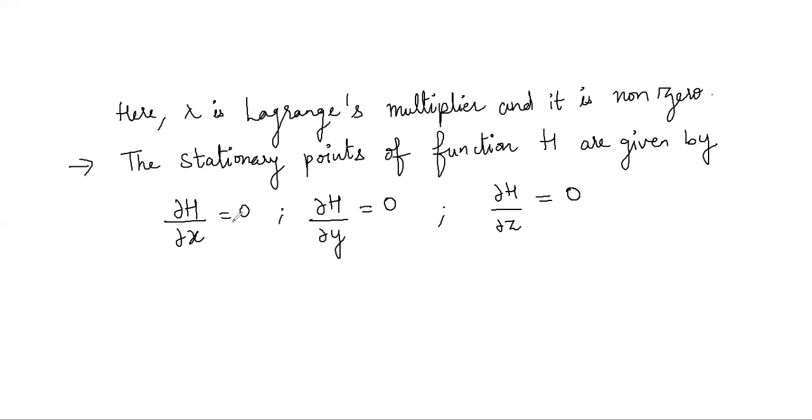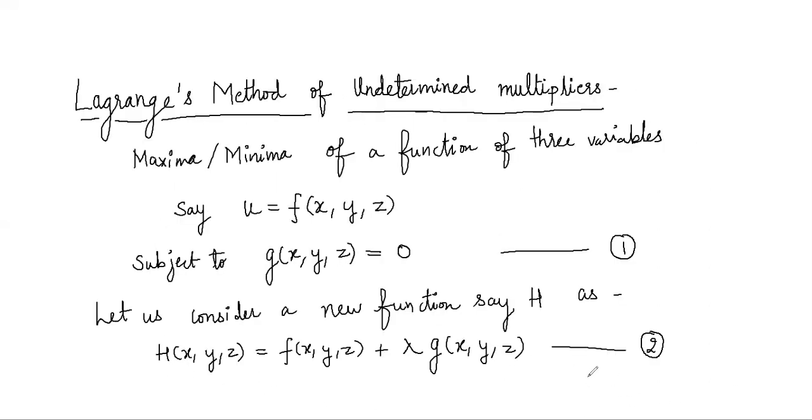And what will be the expression for del h by del x? If we see back at equation 2, h is defined in this way. So the partial derivative of h with respect to x will be del f by del x plus lambda, because lambda is Lagrange's multiplier, which is free from x, y, z. And then in product, we will have del g by del x.